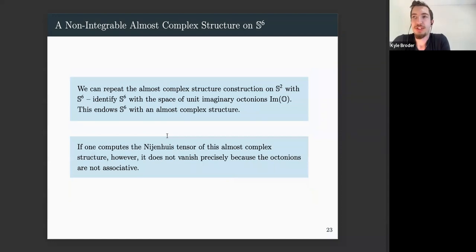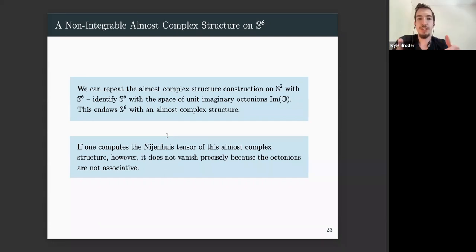So let's give the standard example of a non-integrable almost complex structure. From the cross product on R3, we produce an almost complex structure on S2. For dimension reasons, if you compute the Nijenhuis tensor of this almost complex structure, it will vanish identically. So on S2, we have an integrable almost complex structure. That gives us the complex structure coming from the projective space.